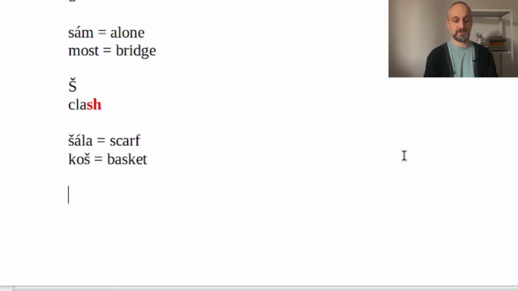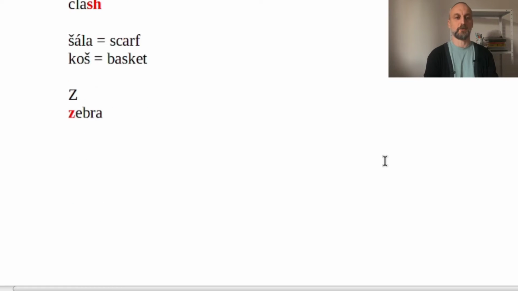Okay, let's move on. Now we have z, that's pronounced the same as, for example, in the English word zebra, and in Czech, you can hear it in words like zebra. That, of course, means zebra, or mozek, a brain.